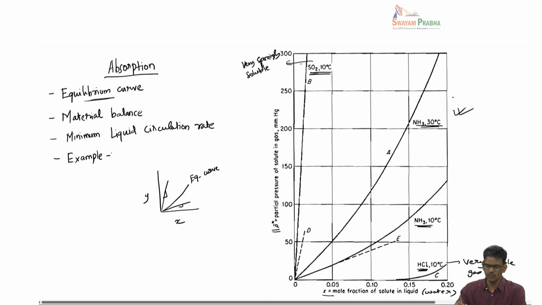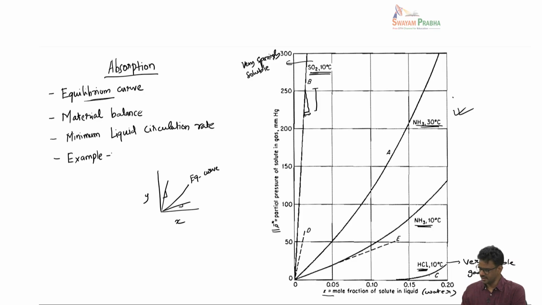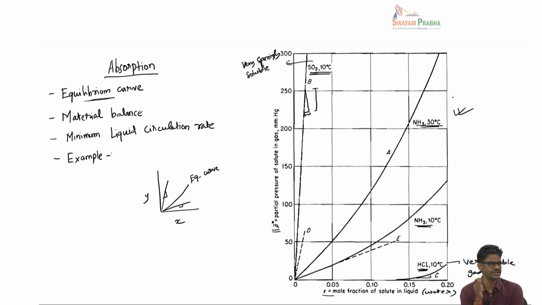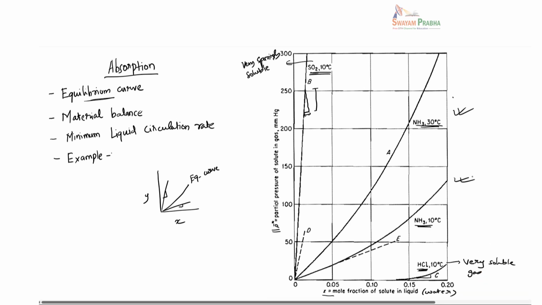Because if you look at this curve, it has a very high slope, meaning if I have to have a small change in the x composition, that is, if I have to change the composition of this gas in the liquid, I have to increase the partial pressure to a greater extent. Whereas if you look at this HCl, you can see that a small change in partial pressure results in a very large change in the liquid phase composition, and this we associate with a very soluble gas. So that's a differentiation between these two kinds. Ammonia lies somewhere in between. Okay, it is a moderately soluble gas in water.